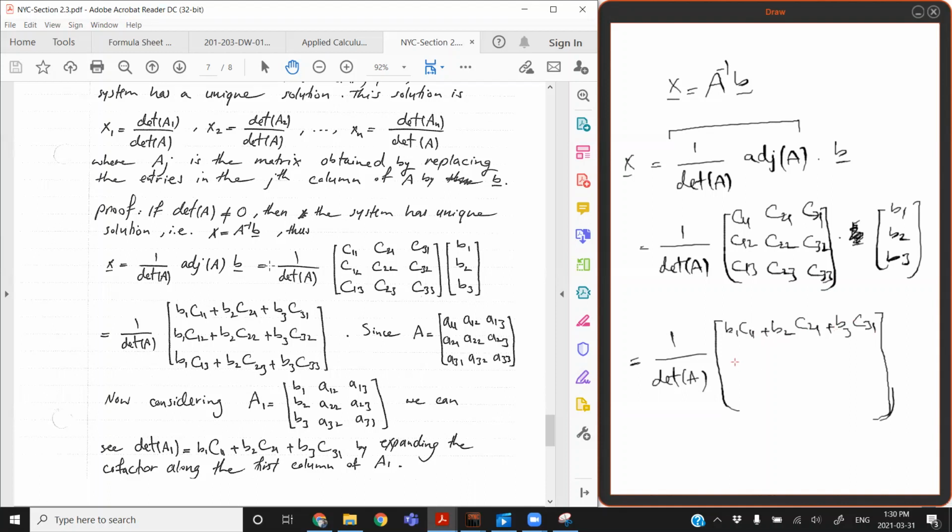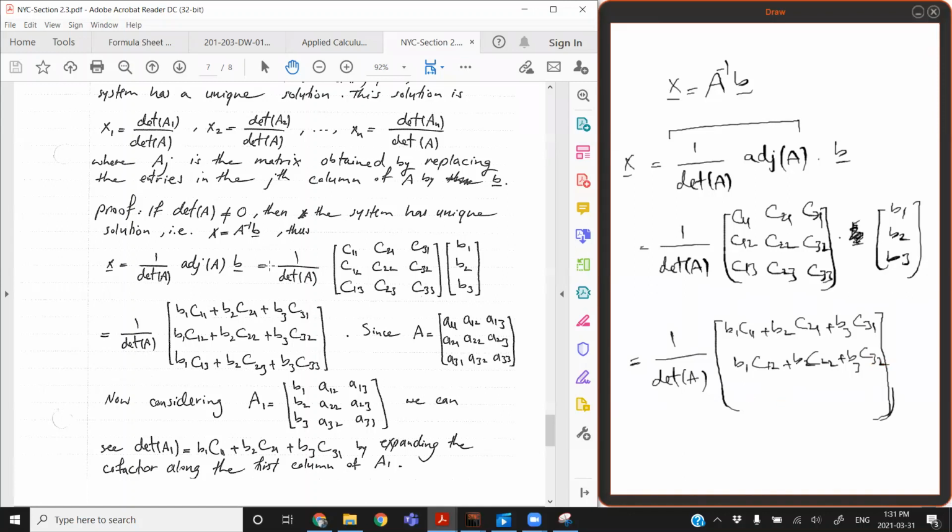And then B1 times C12 plus B2 times C22 plus B3 times C32.